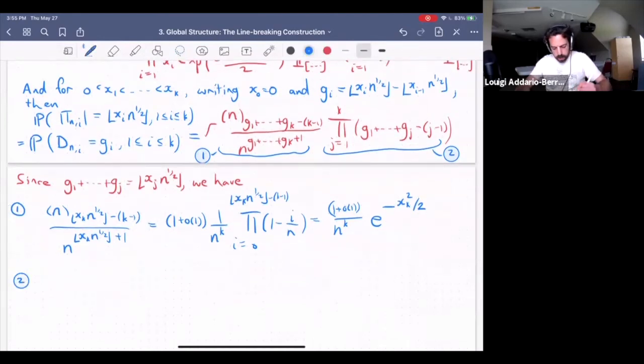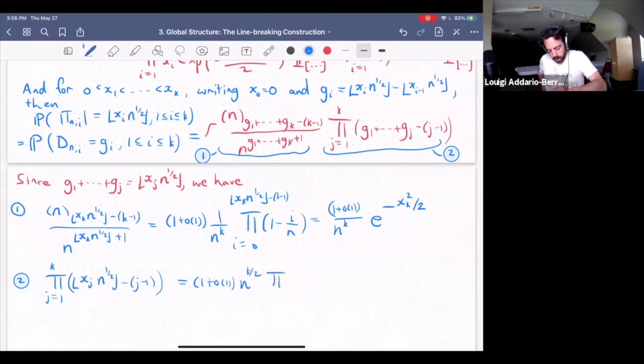And then for the second part, here we have the product for j from 1 to k of xj n to the half minus j minus 1. So that's basically n to the k over 2. We get a root n out of each term times the product j from 1 to k of xj.